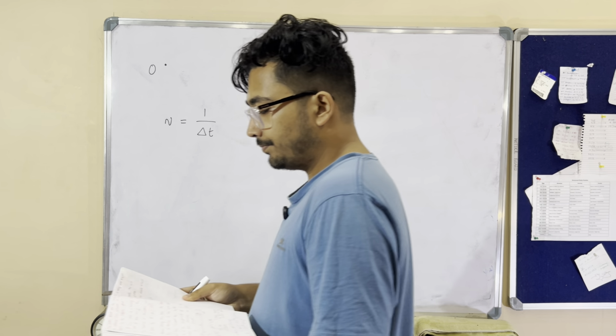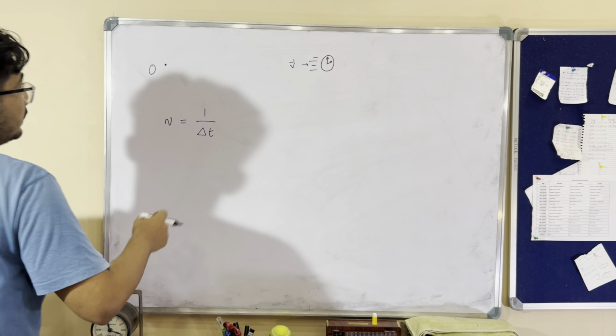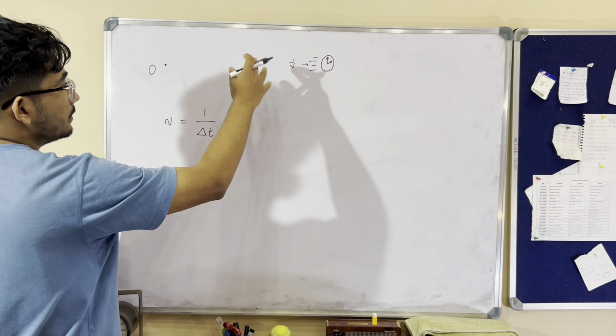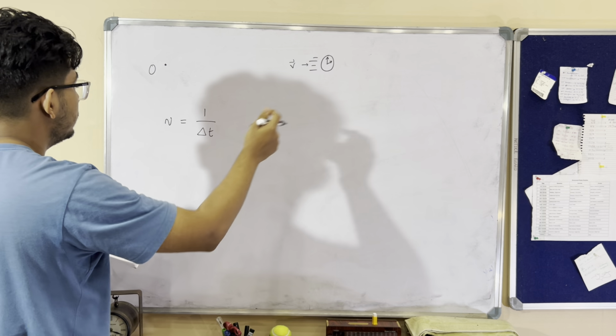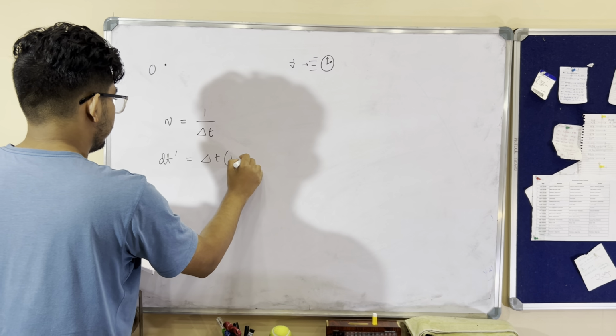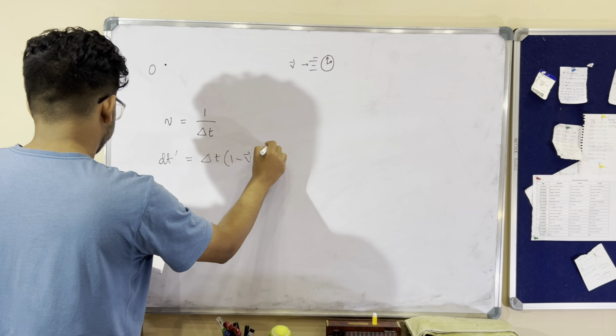Then also the time difference between two successive emissions of light beams, or the time difference between two ticks, is given by this thing, as we have found earlier.